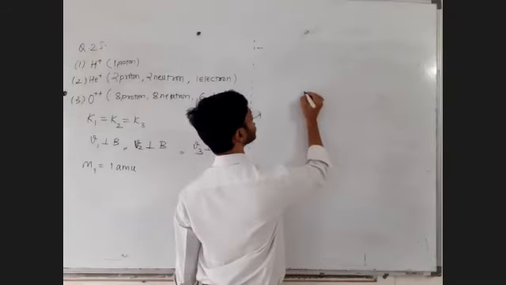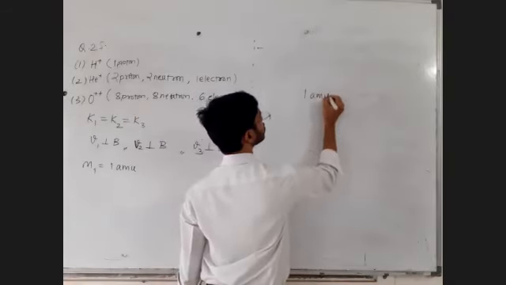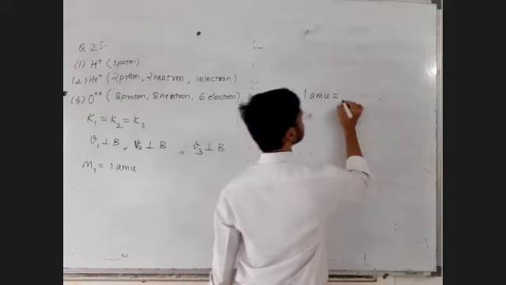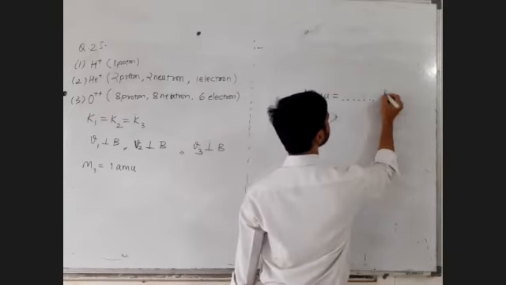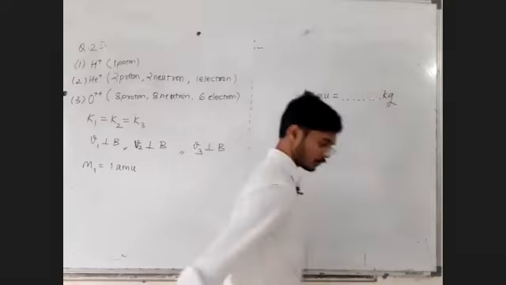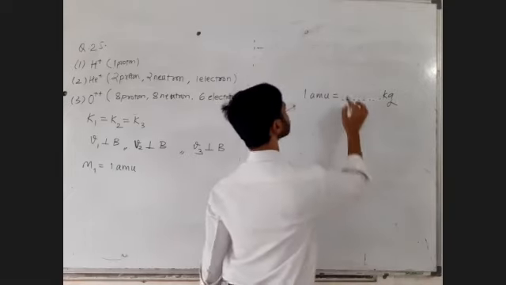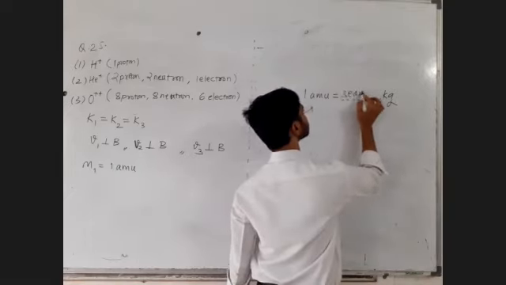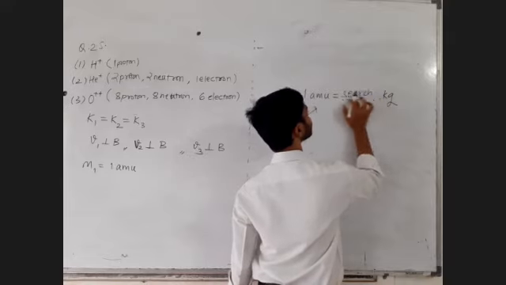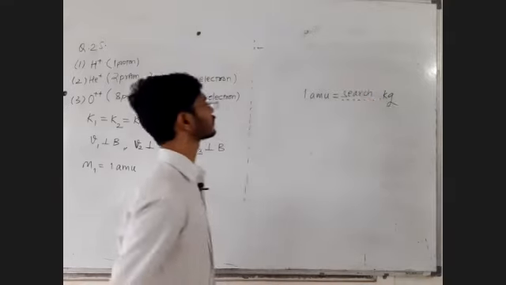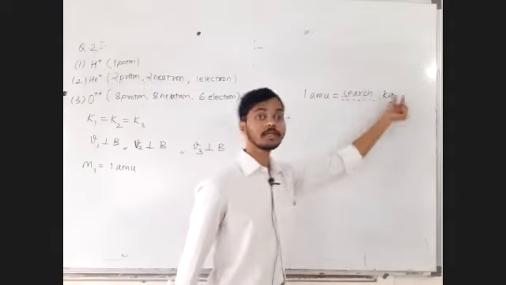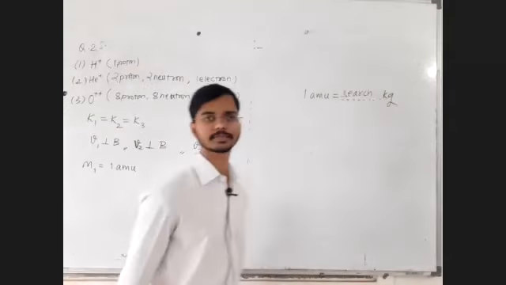Let me check, have they given it? No. We will find this. Will you search it and inform it on the group? 1 AMU equals how many kg? It's ultimately a unit of mass.